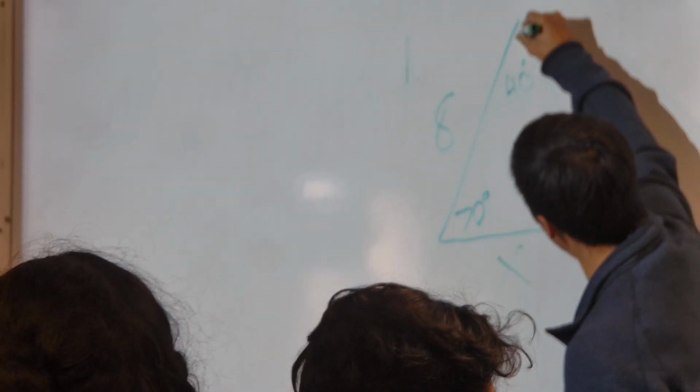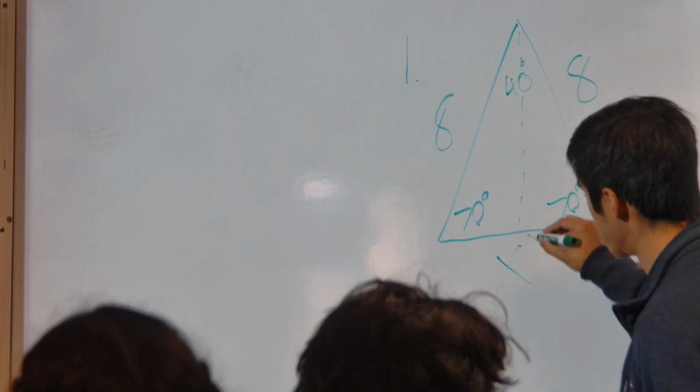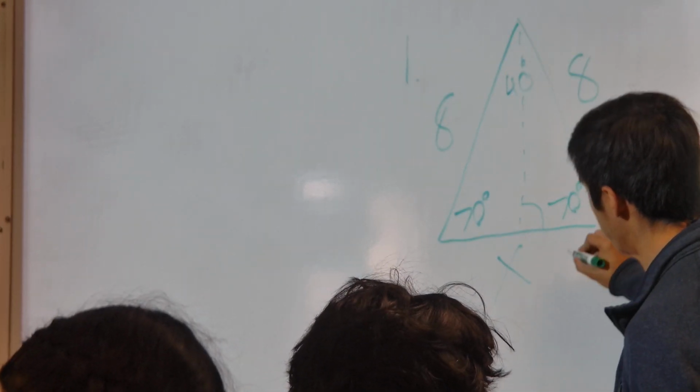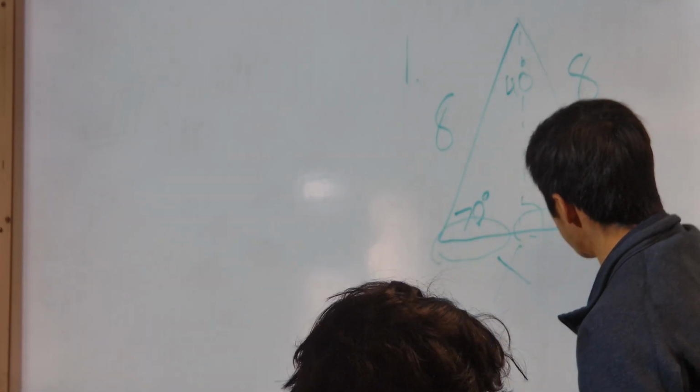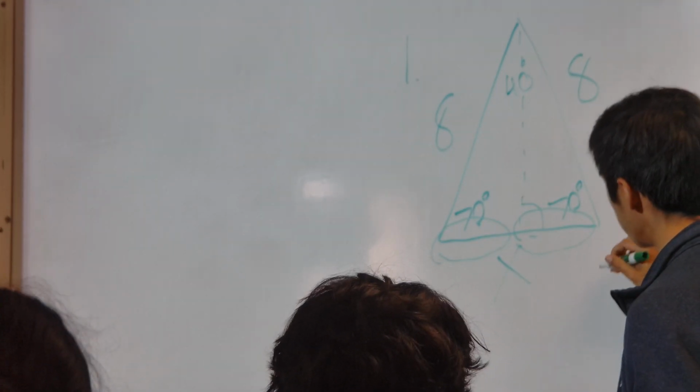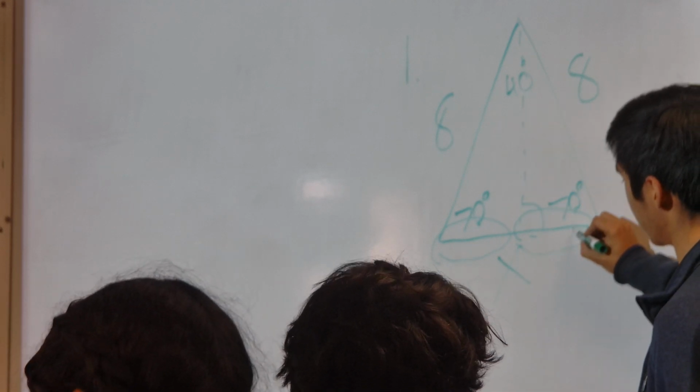Okay, so I'm going to solve this right here. In this case, the first step is to draw a fake line right here. We know this is an isosceles triangle, so this side and this side will equal each other. We need to solve for the height and for these side lengths.